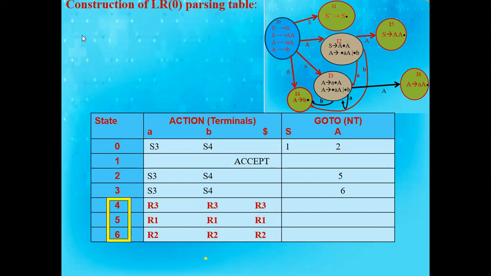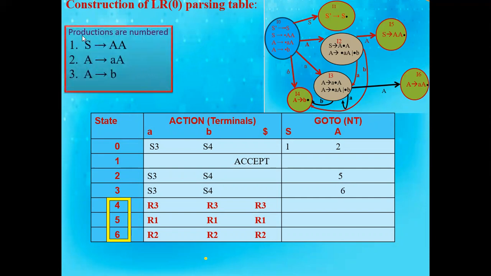In this I4, we number the productions, and this production is numbered 3, so it will be R3. So this reduce entry should be written under all the terminals in an LR0 parsing table. This is the main difference between an LR0 parsing table and an SLR parsing table.